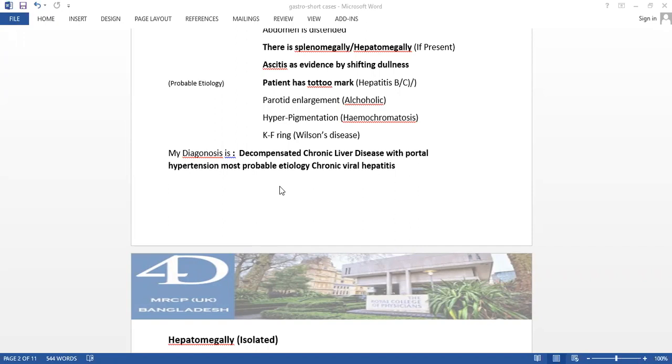There was no splenomegaly, no ascites, no hepatic bruit, and no lymphadenopathy.